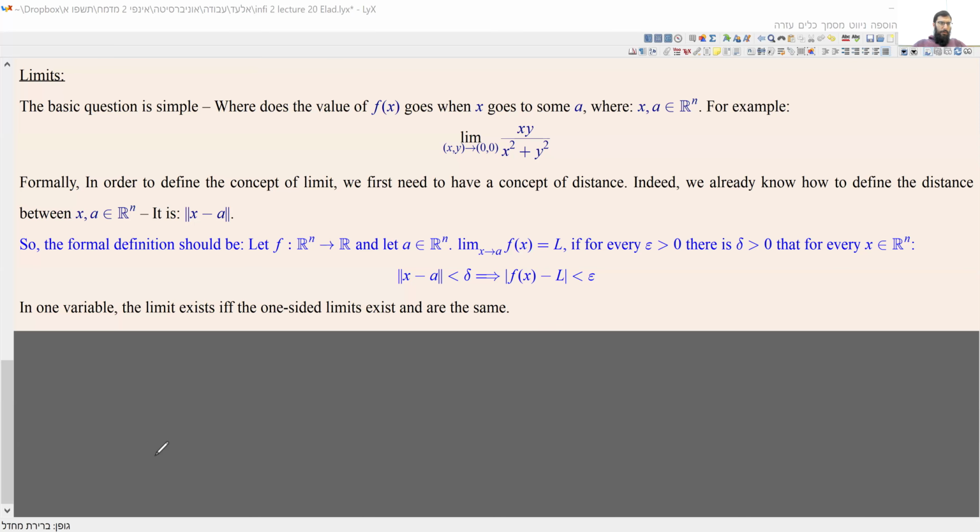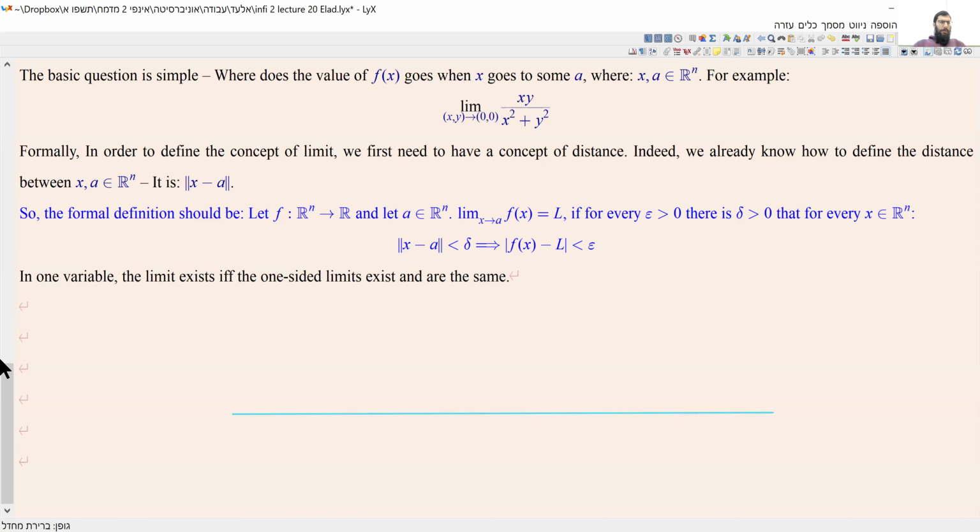You have some point A here, and if we want the limit to exist, we need that no matter from where we are going to A, we will get the same.